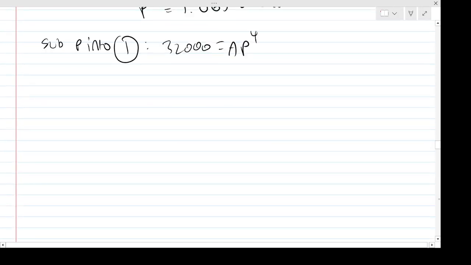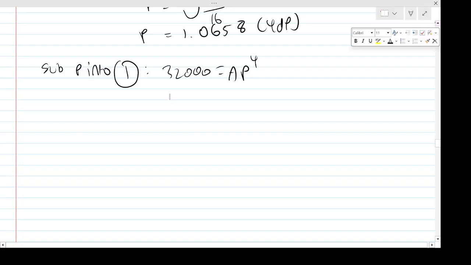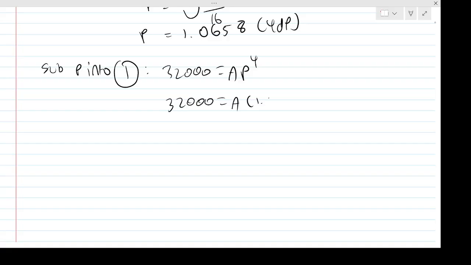But we know what P is. P is this 1.0658 to the 4. And so therefore A is going to be 32,000 divided by 1.0658 to the 4.